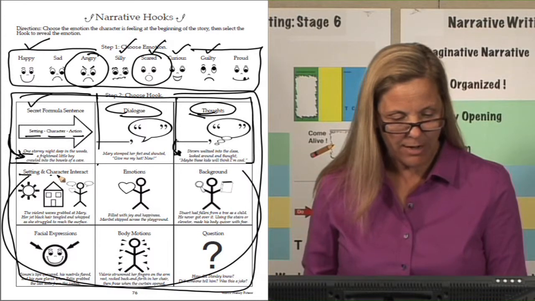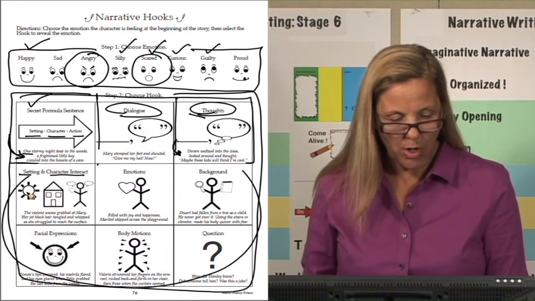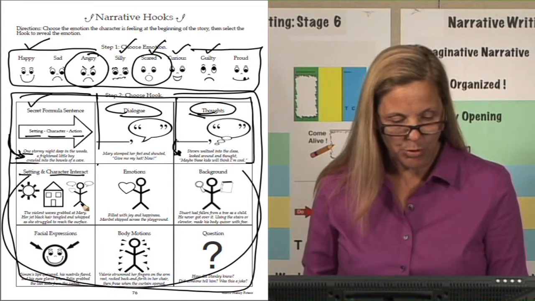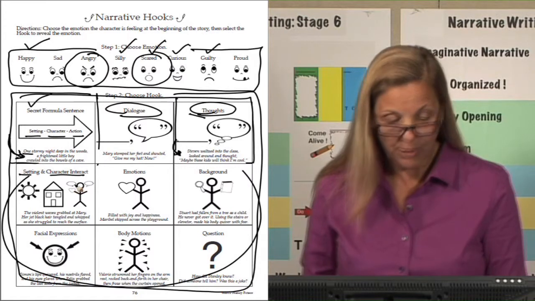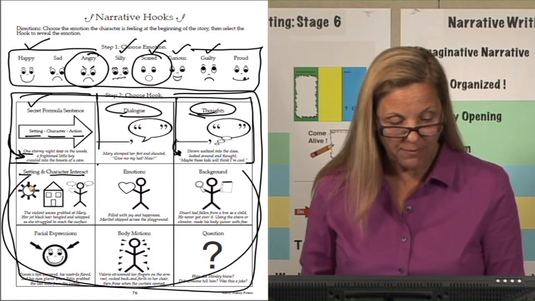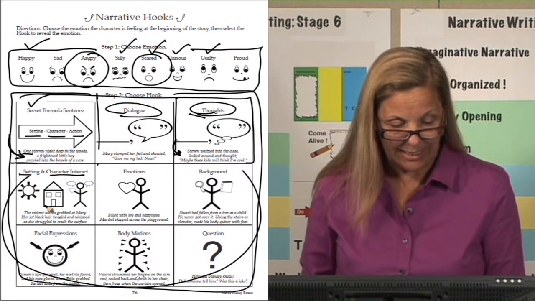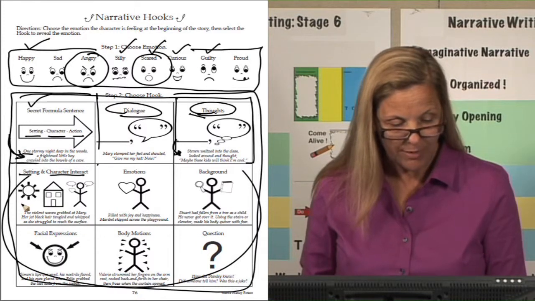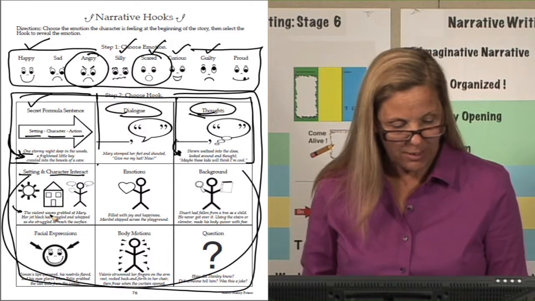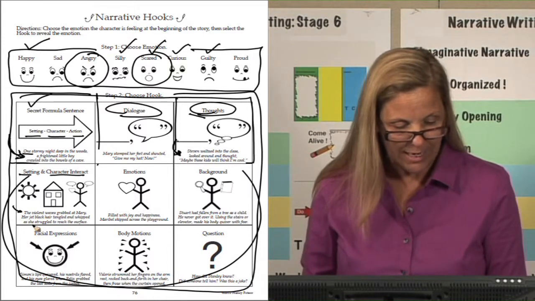Setting and character interact with each other. What this is, is that we want the character to do, say, or reveal through their body motions or physical motions how they feel about the setting. How does the setting make them feel? So we have: the violent waves grabbed at Mary, her jet black hair tangled and whipped as she struggled to reach the surface.